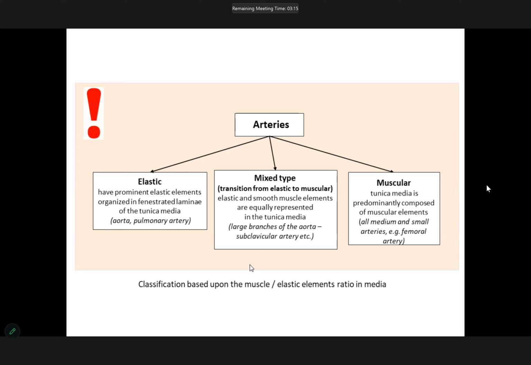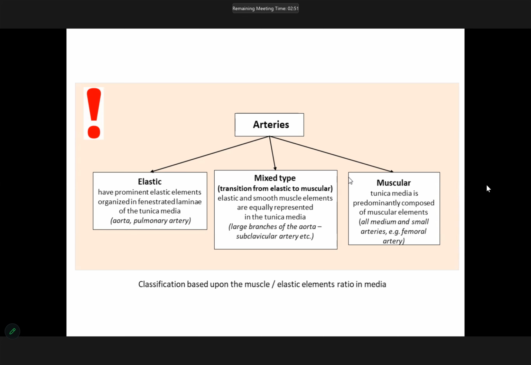And if we have the equal amount of muscle and elastic elements, we will have the mixed arteries. In our body, these are, for example, the arteries that go from aorta. Next, the branches of aorta will be, in histological sense, mixed type of arteries.